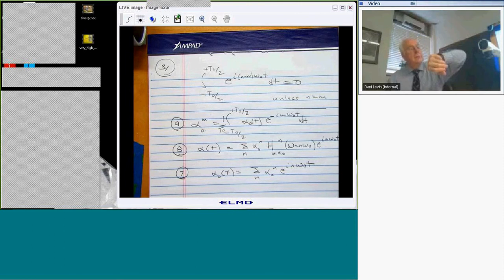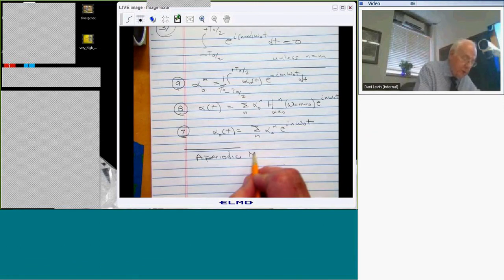Now, let me tell you what I'm going to do, and then I'll do it, well, maybe not next time, because we're going to have this wonderful wind tunnel test. But I'll tell you what we're going to do, and then read chapter 3, if you haven't done so already. What we're going to do is look at what is sometimes called aperiodic motion. That just means it's not periodic, right? Aperiodic motion, or arbitrary motion.